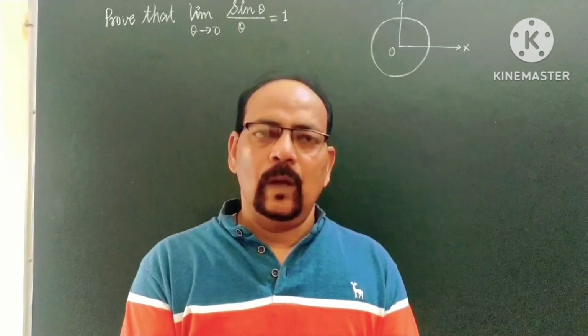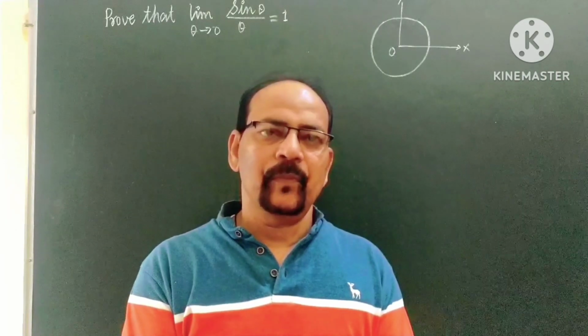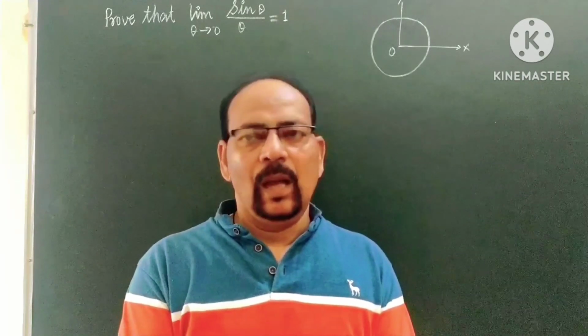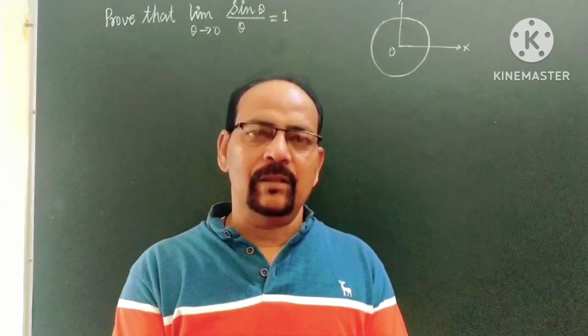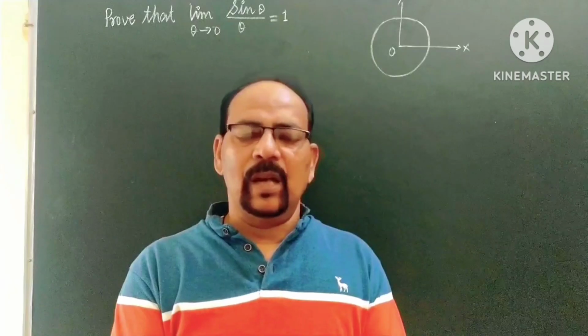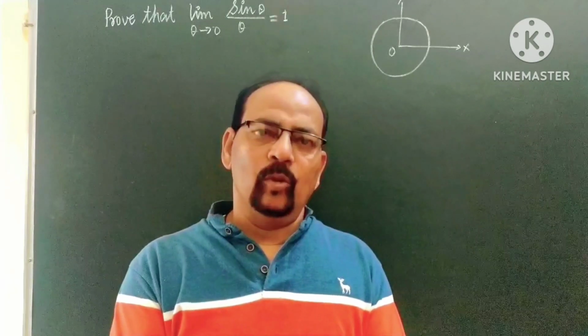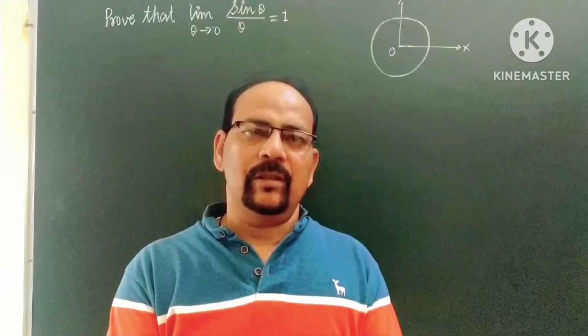Today I will take an important question from class 11th chapter limits. In this chapter I will take a proof of trigo functions. This proof is very important and directly applies to formulas to solve different types of questions of trigo functions.